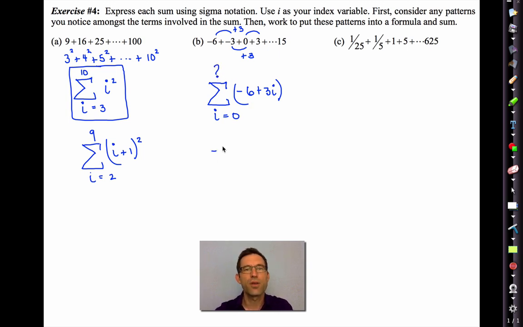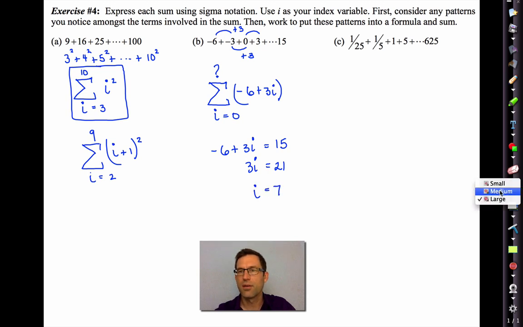Well, I could figure that out by actually just pretty much solving for it. Let me just set that equal to 15 and figure out what I would have to be. Well, in that case, 3i would have to be 21, and I would have to be 7. So there it is. And again, one of many that are correct.